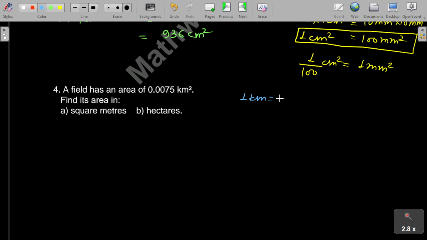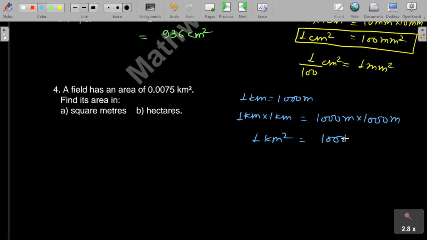So 1 kilometer into 1 kilometer, which is 1000 meter into 1000 meter. So 1 kilometer square equal to 1,000,000 meter square.